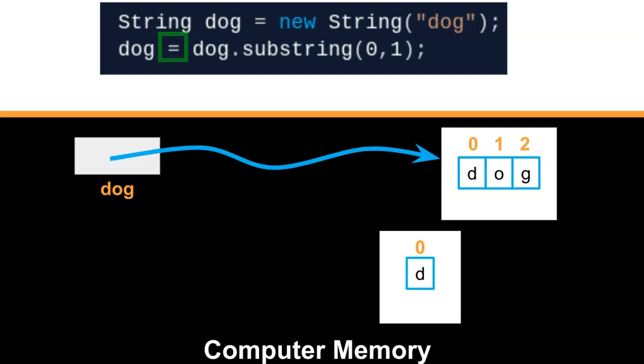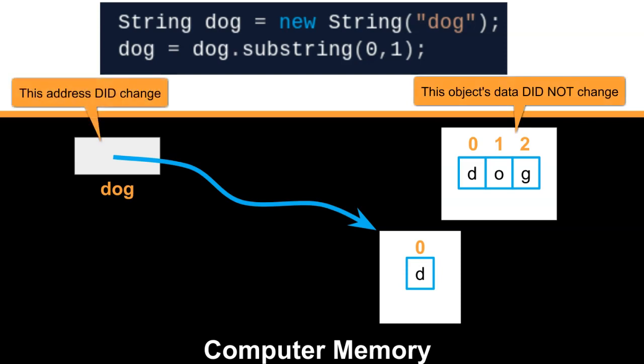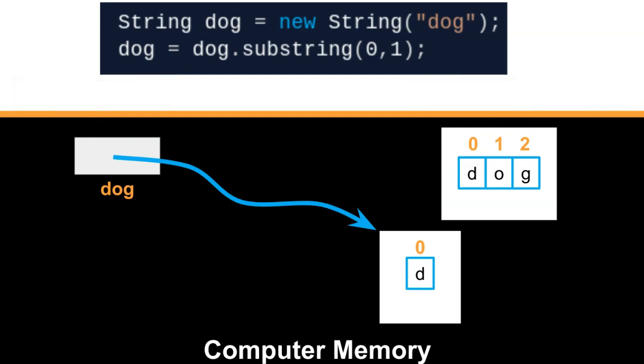The assignment operator stores that address in the dog reference variable. So notice, our string object did not change. It's the address stored in the reference variable that changed. In short, string objects are indeed immutable, but the address stored in their reference variables can, and often do, change.